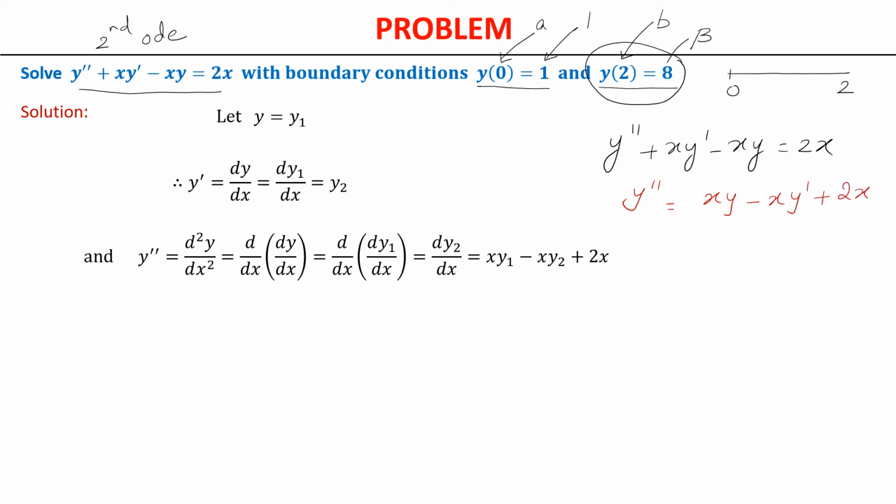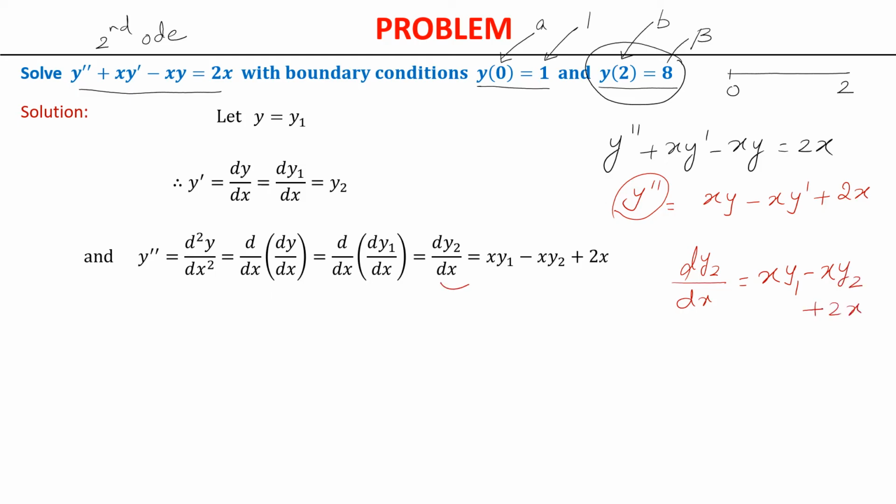Now as per our notation, this y double dash is nothing but dy2 by dx, and then on the right side x will remain x, y becomes y1. Here x will remain x, y dash becomes y2, plus 2x.